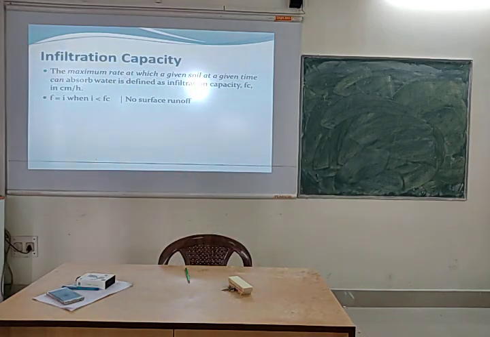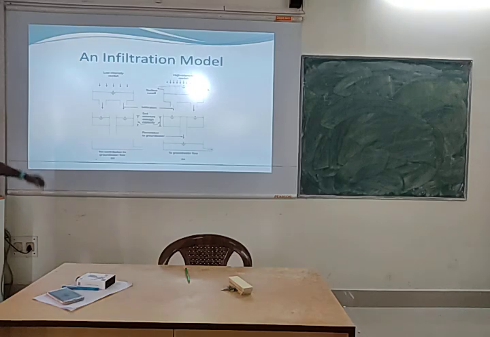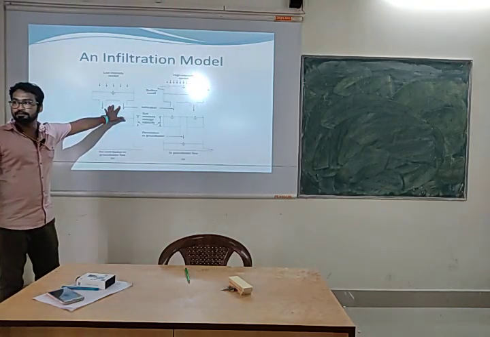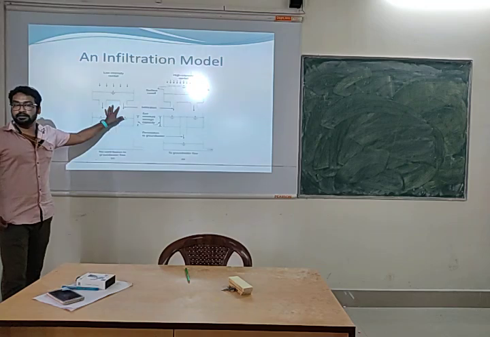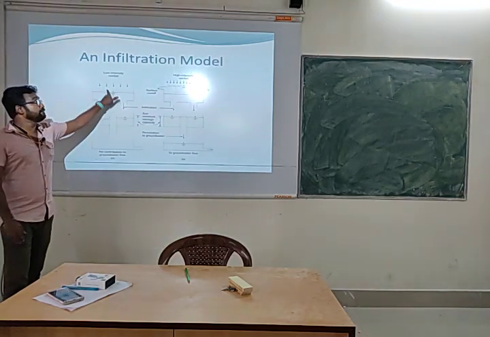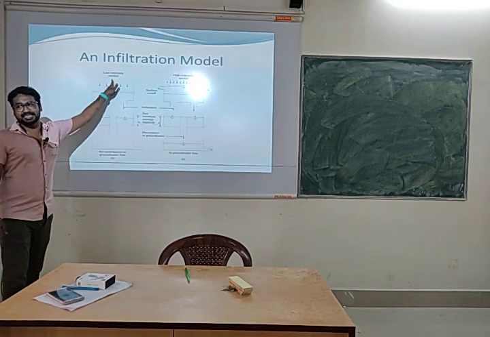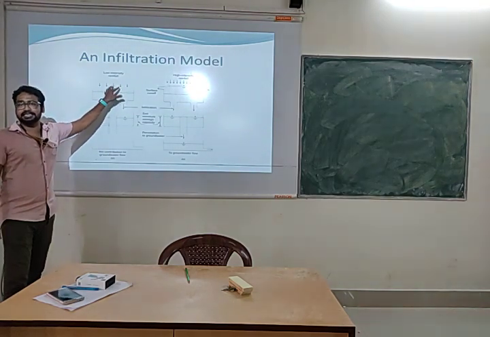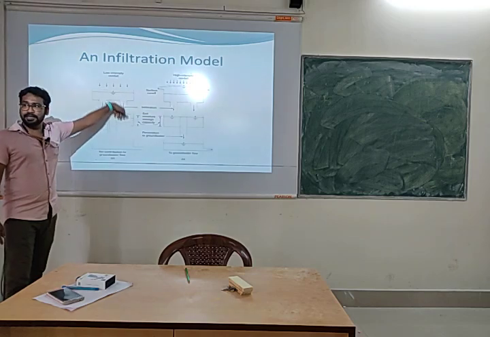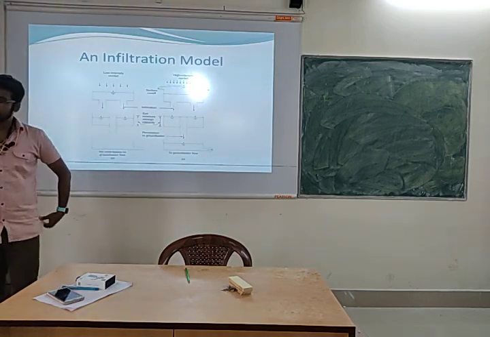What does it mean? Go back to this model. It is having some capacity, the maximum rate by which water can be infiltrated inside. If the rainfall intensity is less than the capacity, all the water will be infiltrated.